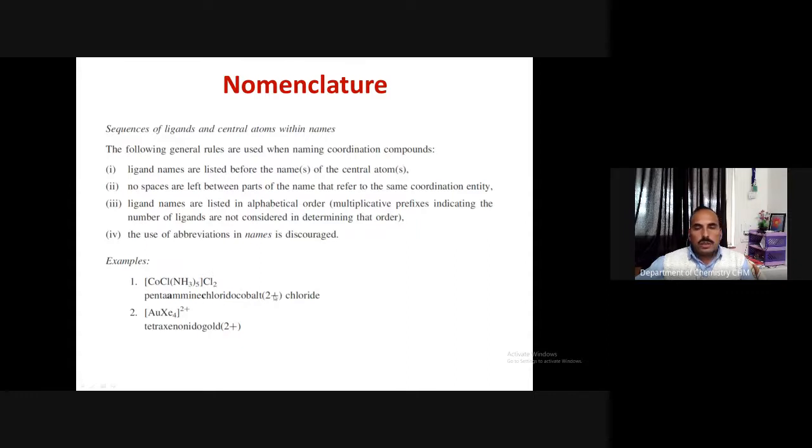Pentaamminechloridocobalt chloride. There is a space here, of course, because this is the coordination entity and this is the outside chloride. We can see this is tetraxenonidogold, because there is a negative charge on the xenon. This is a gold complex. Xenon is acting here as a ligand, quite uncommon maybe for you people, but some examples are there, and a 2 plus charge is there, right?